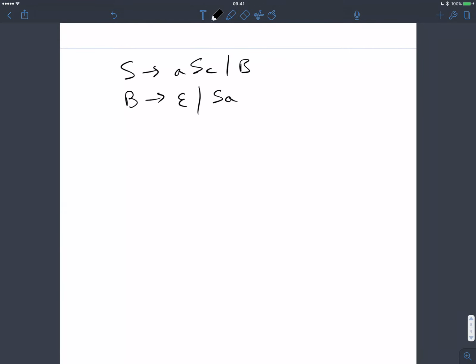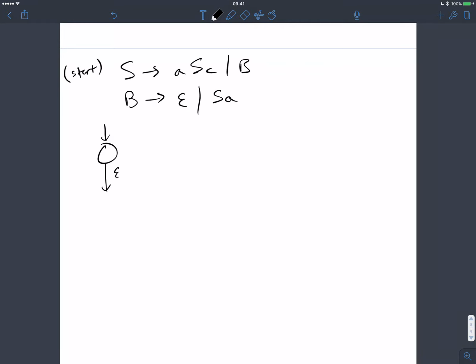Okay, so let's say that S is the start variable, like we always do. Well, if I want to convert this thing to a PDA, what should I do? Well, I gotta have a start state no matter what, but what else do I need? Yes, as the construction has, we push the special character on first.